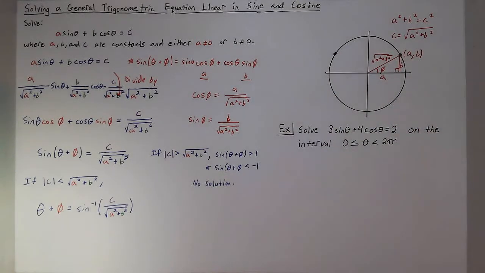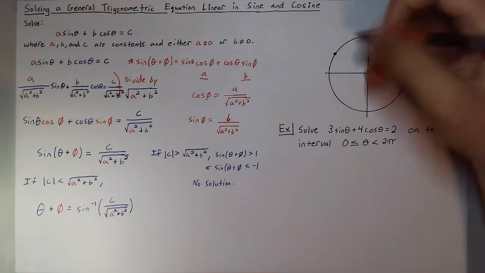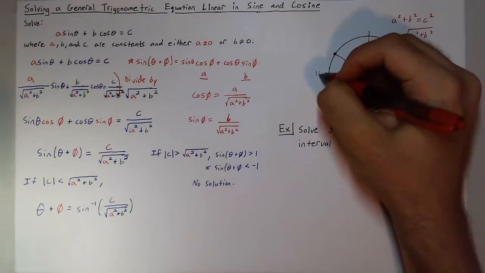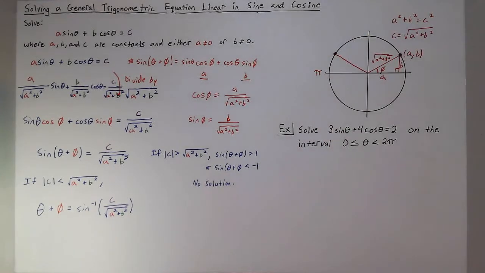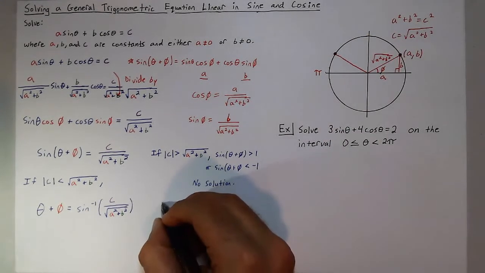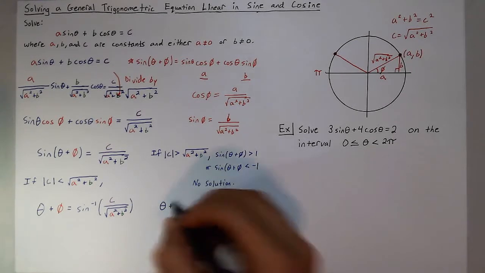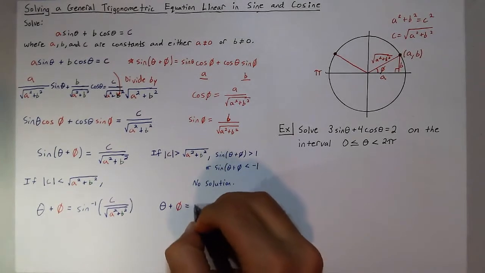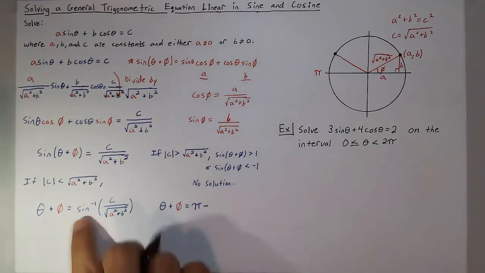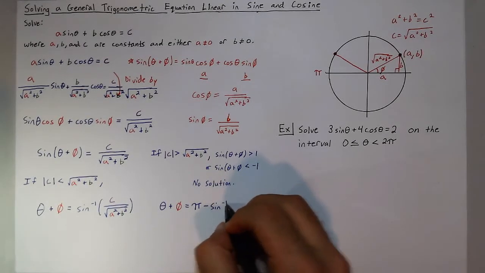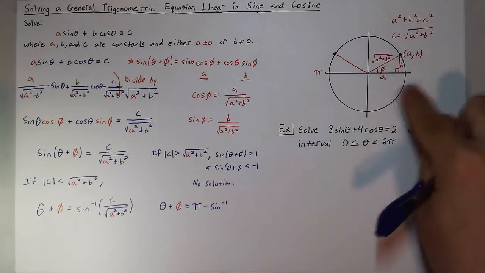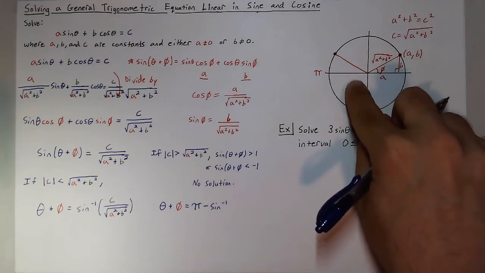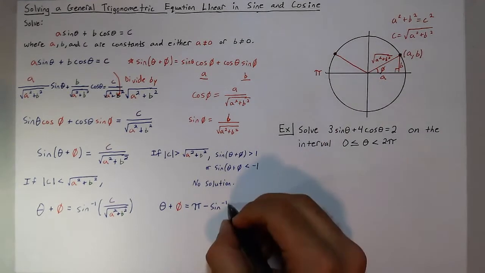So we have to keep in mind that there might be another solution, and the best way to find that particular angle is to take this angle and subtract it from pi. So the other possible solution would be theta plus phi is equal to pi minus this angle. So we can end up getting to this point. Or if it was below the x-axis, the minus would add that angle onto it, giving you the other possible solution.